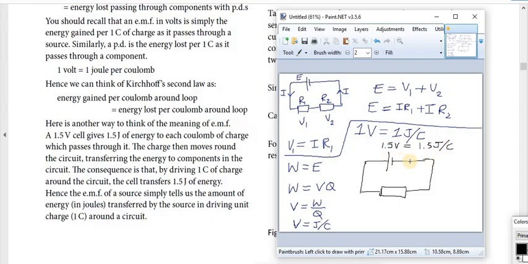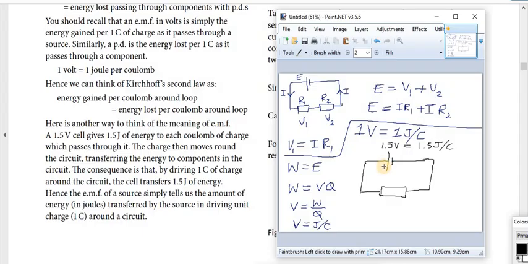So over here what the cell does is it gives 1.5 joules of energy for each coulomb of charge. One coulomb of charge has a number of electrons, so that number of electrons make 1 coulomb of charge. For that number of electrons, this cell gives 1.5 joules of energy.